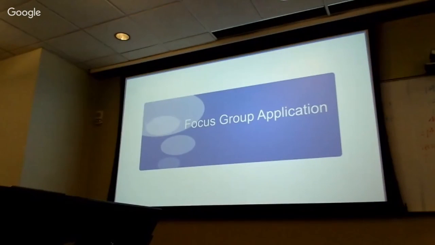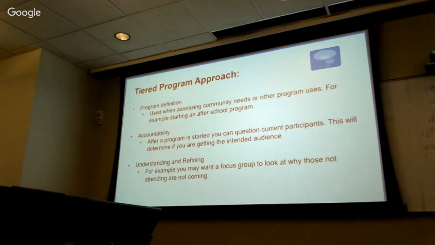One of the things that they use is a tier program approach, and there are three parts to this tier. First, the program definition. We use this when assessing community needs or other programs. For example, an after-school program or any program that you want to start, with a focus group to determine the needs of your intended audience. Second, accountability.